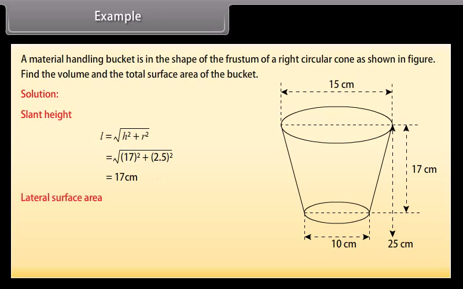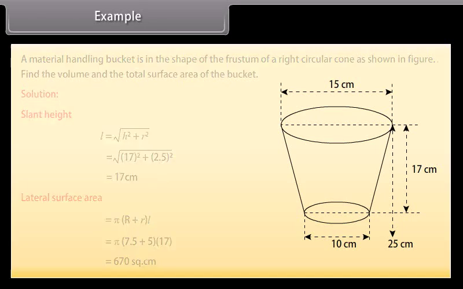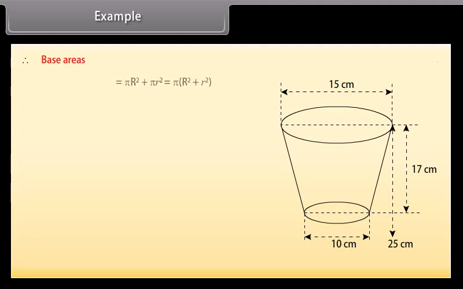Also, lateral surface area is equal to, substituting the values, we get lateral surface area equal to 670 square centimeter. Therefore, base area is equal to, this is equal to 177 plus 79.